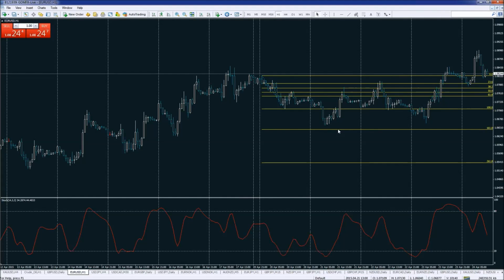Market execution orders are mostly used by a conservative type of trader, which I will move forward to in the following minutes.